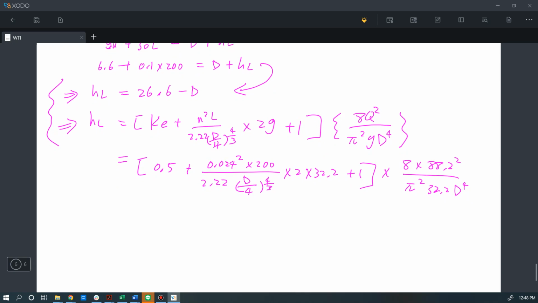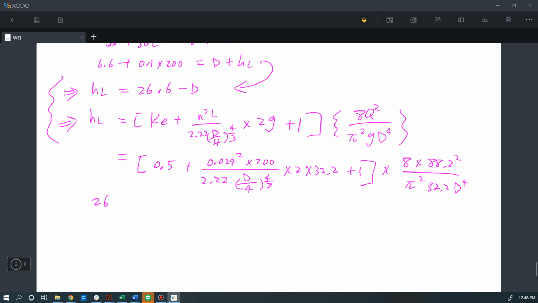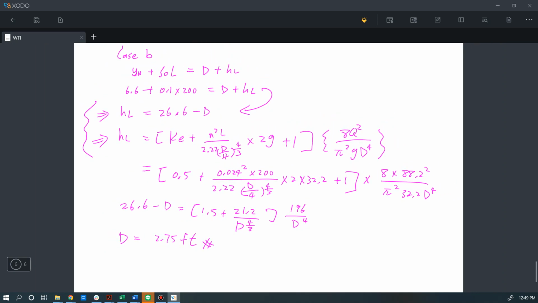And this gives us the following equation if you merge these two expressions together: 26.6 minus D equal to 1.5 plus 21.2 divided by D to the power of 4/3, times 196 divided by D to the power of 4, and we can solve that the diameter is equal to 2.75 feet in this case B.